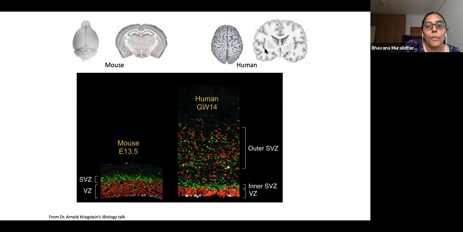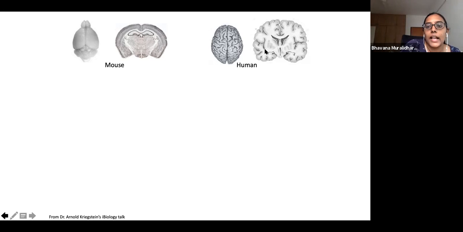So one of the things, as you can immediately see from the top here, is that this is the mouse brain on the left, and this is the human brain on the right. And I've also shown you a sagittal section and shown you how the expansion has completely changed the anatomical structure of the human brain. But not just that. One immediate thing which you will observe is that the mouse brain is smooth, that's called lissencephalic, whereas the human brain is gyrencephalic.